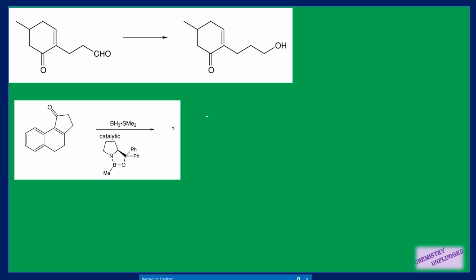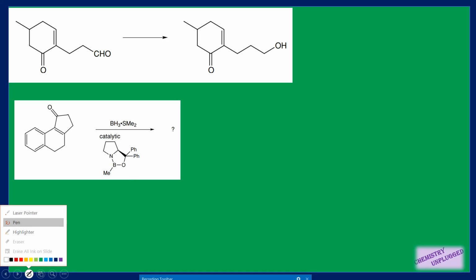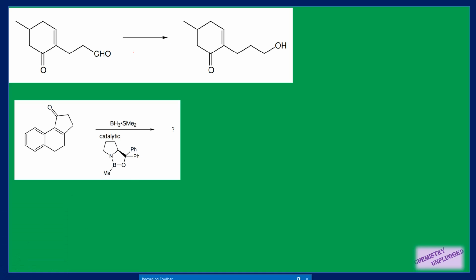Then next reaction is that they are asking us what type of reagents we can use to get only this aldehyde reduced, while this alpha beta unsaturated ketone should remain unaffected. So we know that alpha beta unsaturated ketones are less reactive than aldehyde. We have already discussed in the lithium aluminum hydride and sodium borohydride chapter how we can do selective reduction of aldehyde or ketones, right?